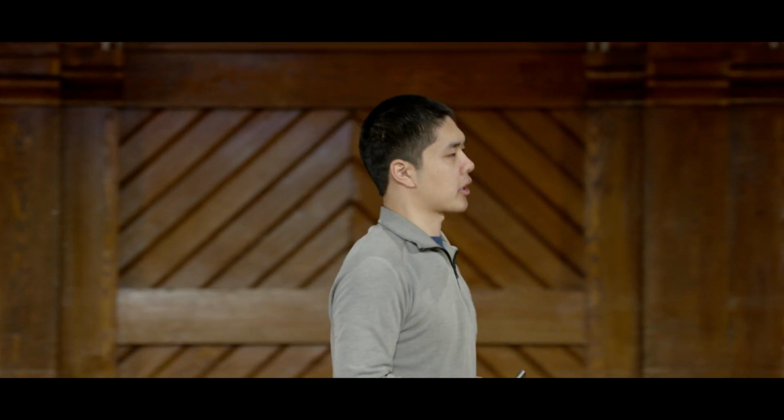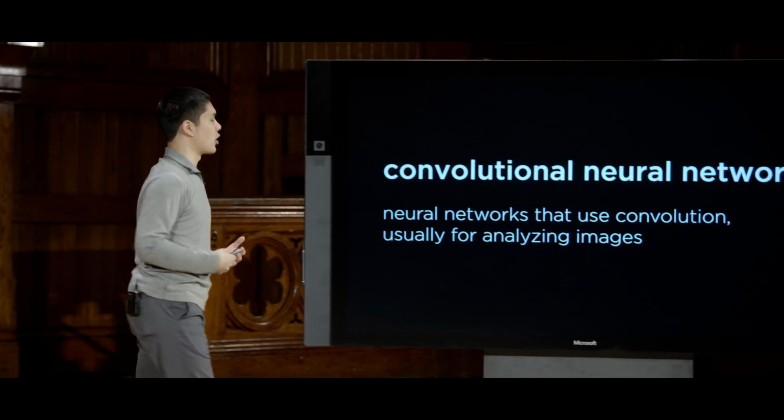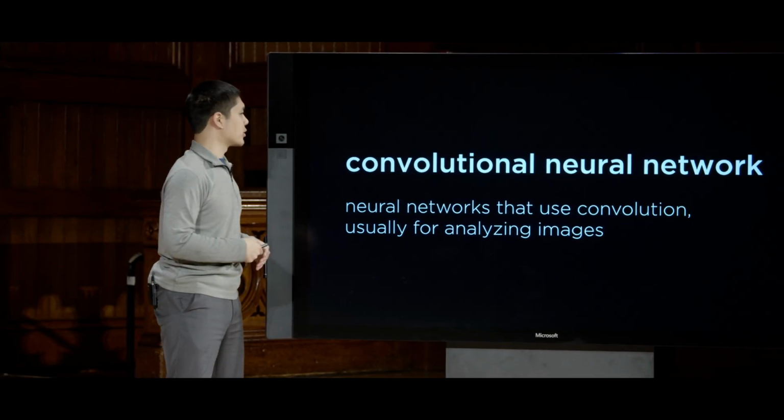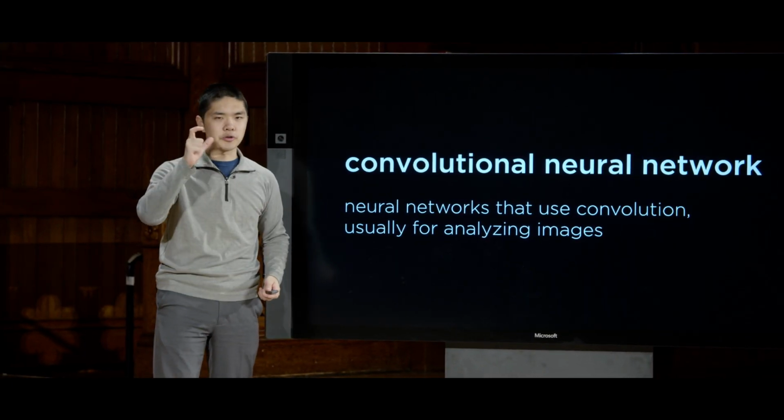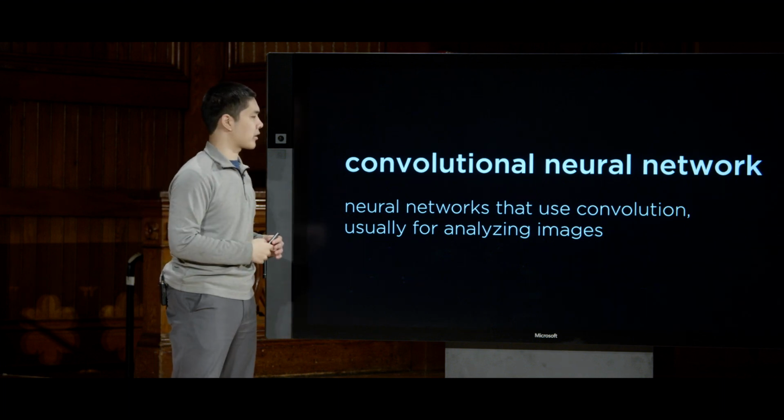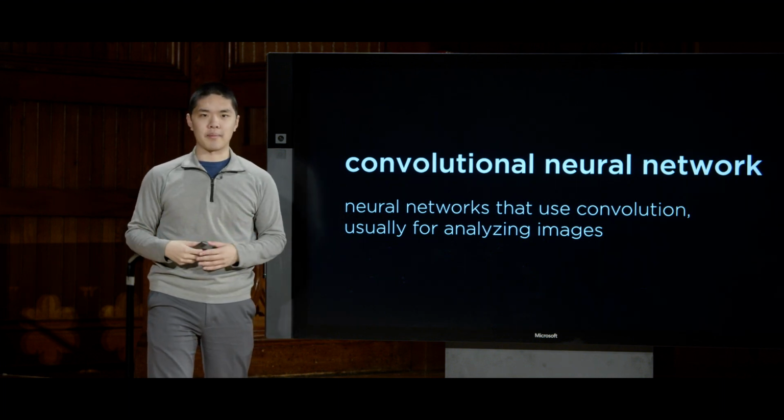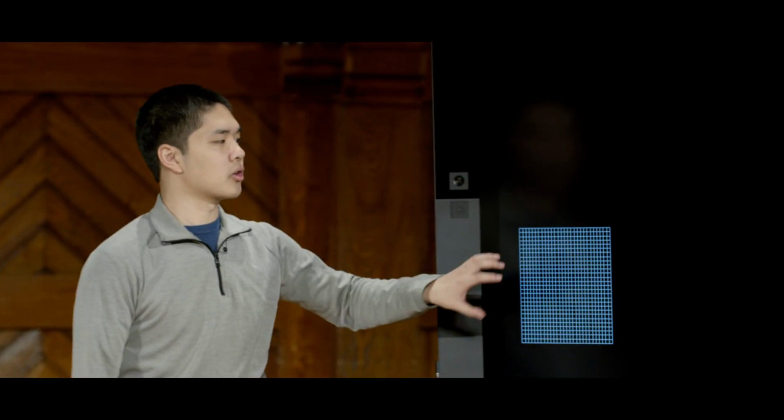And now we can put all of these ideas together, pooling, image convolution, and neural networks, into another type of neural network called a convolutional neural network, or a CNN, which is a neural network that uses this convolution step, usually in the context of analyzing an image, for example. The way that a convolutional neural network works is that we start with some sort of input image, some grid of pixels.